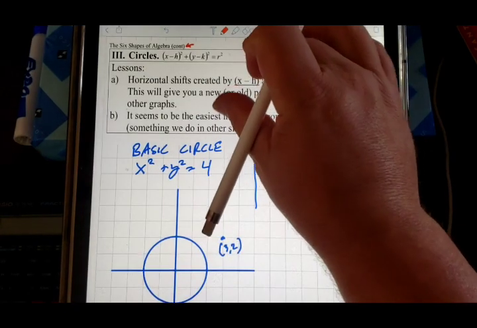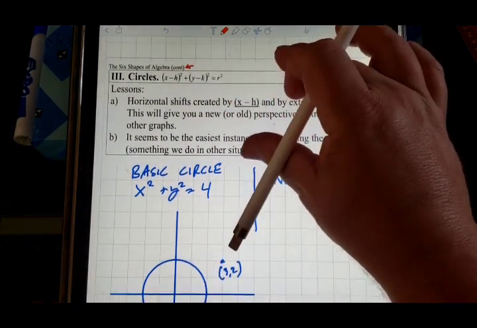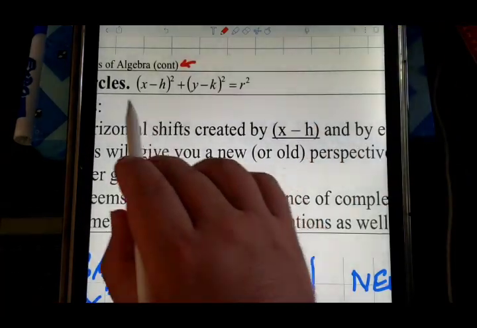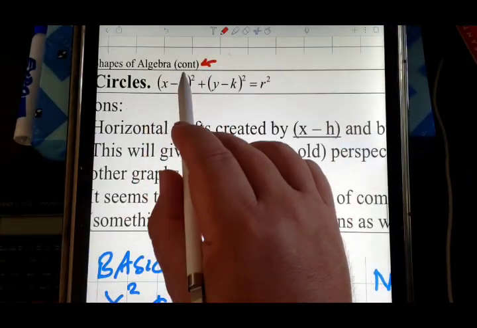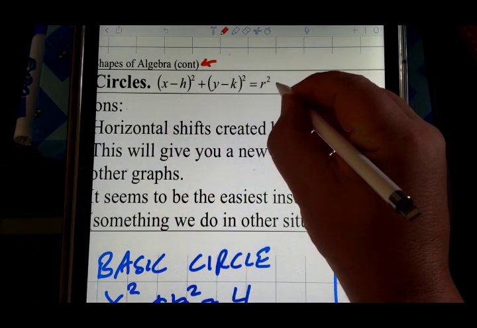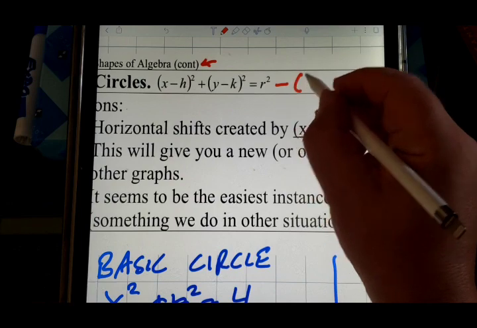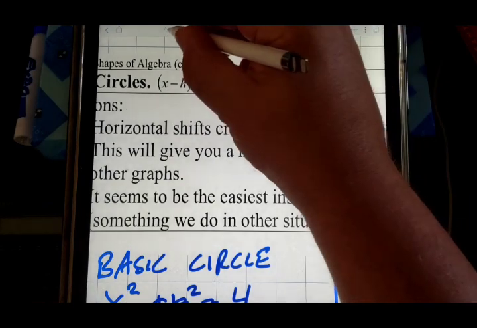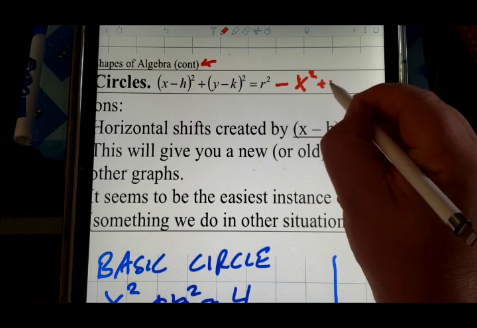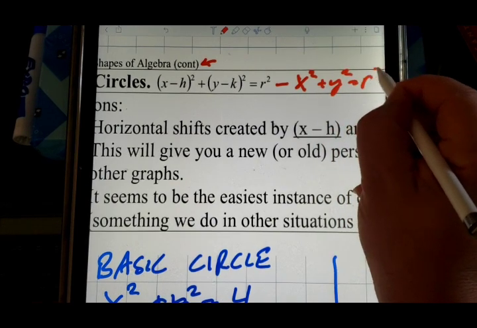We should know, and we already do know, I suppose, we've already covered the equation of a circle. Now, if I remove the h and the k, I wouldn't need the parentheses any longer. So this equation would be x squared plus y squared equals r squared.